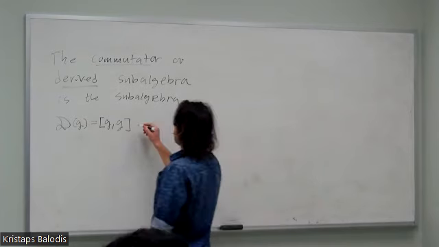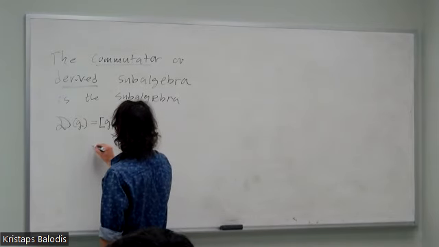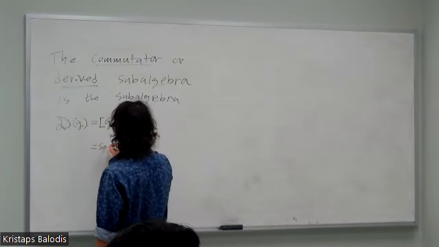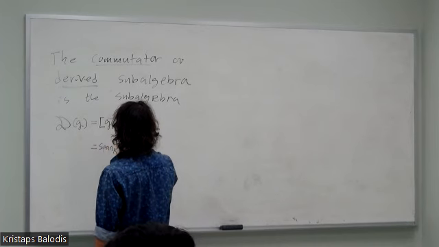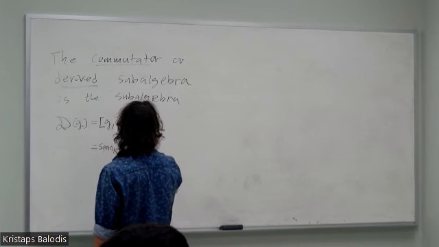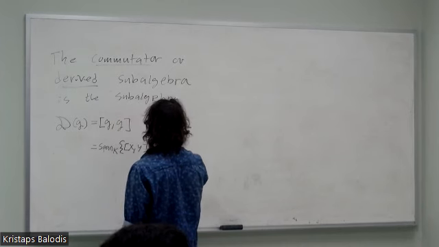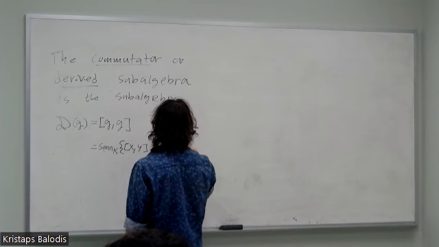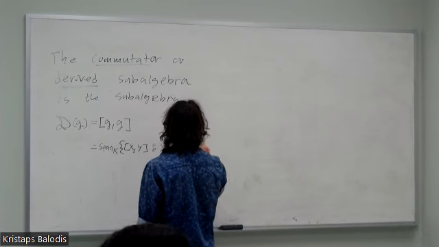Again, we'll use this, but what I mean is basically we take the span of all possible brackets [X, Y], where X and Y are elements of G.